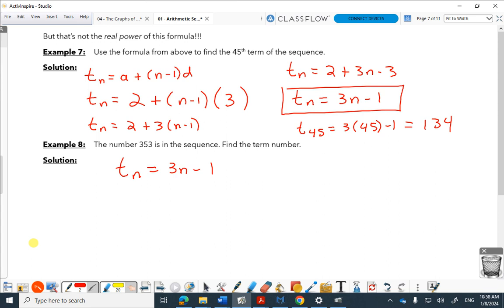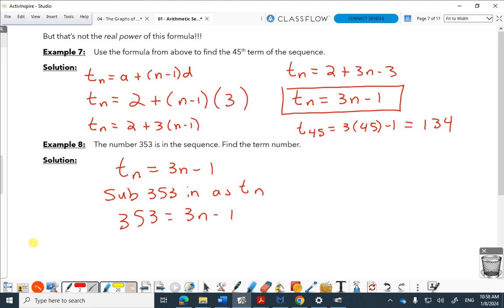Can't you just like invert it though, the whole thing, like divide by 3 and then plus 1? Absolutely. That's exactly what I'm going to do. Right on. Most people, you can do exactly what he said, but most people will just go sub 353 in as Tn. They'll say, I need this formula to produce 353 as the answer, like always in math.